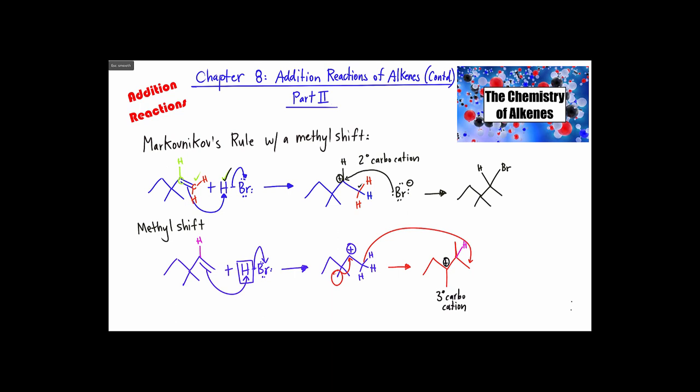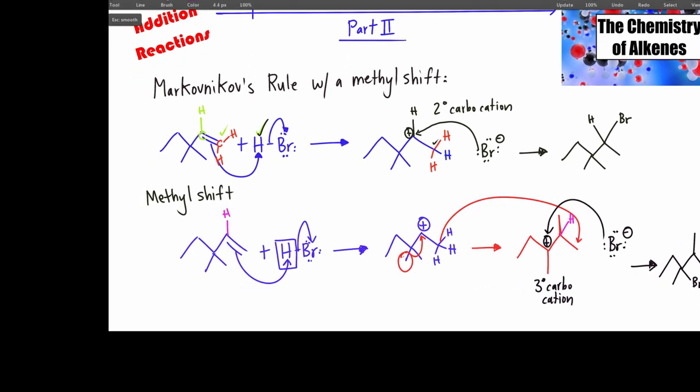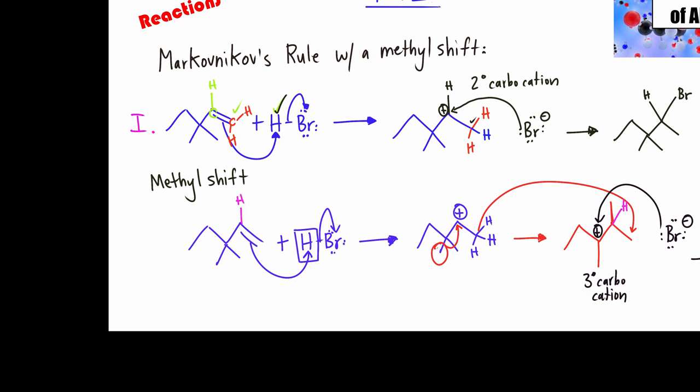Okay, and now my Br minus can come here, and it can give me this Br and that. So if I label these reactions, just say this is number 1 and this is number 2.